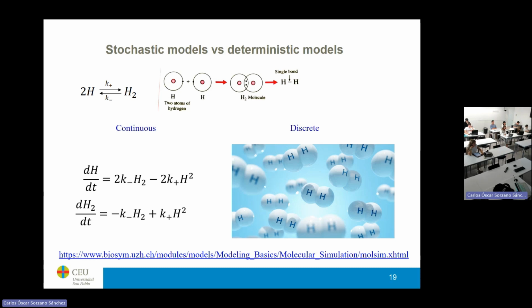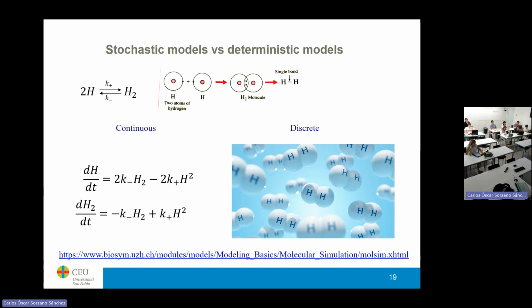For the other path, 2 hydrogen atoms have to encounter each other and bind. So H squared. Remember when I was multiplying E times X? All these encounters where you need a couple of species are modeled with a product. Because it is an H finding an H, it is H squared.